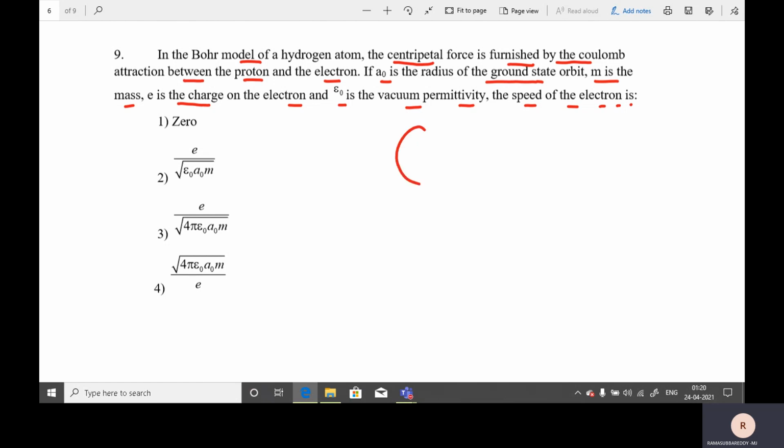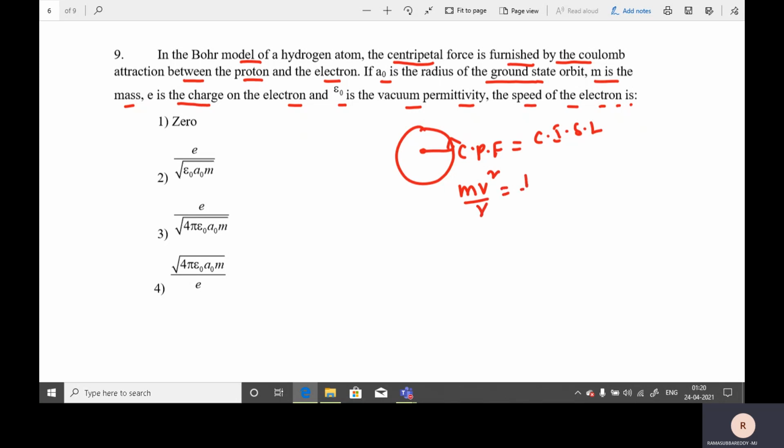Okay, so the centripetal force is balanced by the Coulomb interaction force, that is Coulomb's inverse square law. The centripetal force is mv square by r.